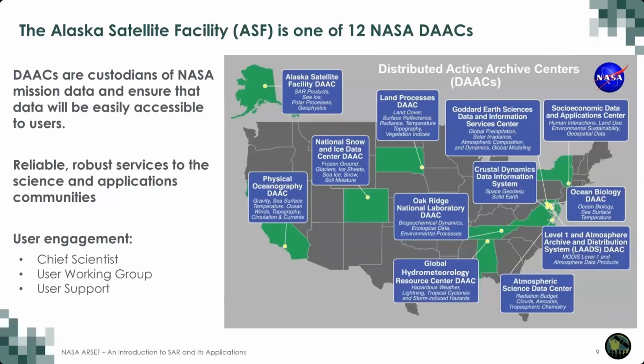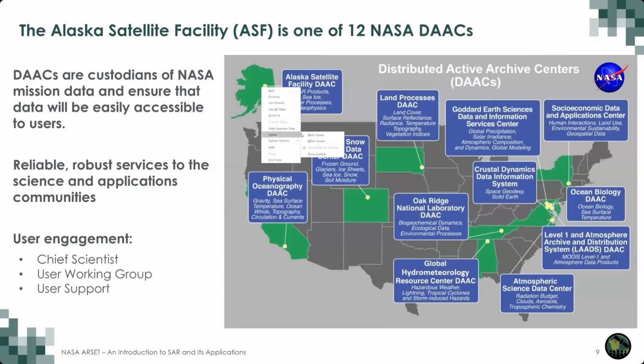The Alaska Satellite Facility is one of 12 so-called NASA DAACs. DAAC stands for Distributed Active Archive Centers. NASA has decided to spread out their archives to a variety of different locations and a variety of different DAACs that are then supporting different parts of the science community. ASF specifically is shown here on the slide on the top left.